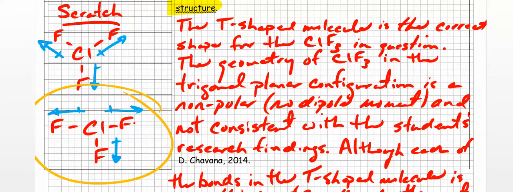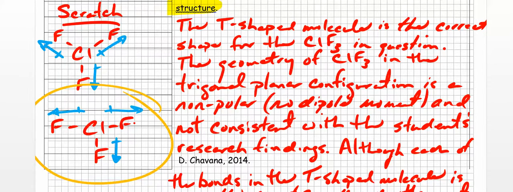So let me now write my answer. This is what I've written. Compare it to what you wrote. The T-shaped molecule is the correct shape for the ClF3 in question. I don't want to be fuzzy on my answer. I want the grader to know this is what I've picked. The geometry of the ClF3 in the trigonal planar configuration is non-polar (no dipole moment), and not consistent with the student's research findings.